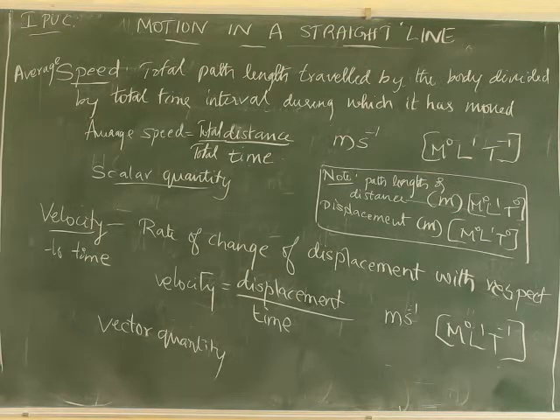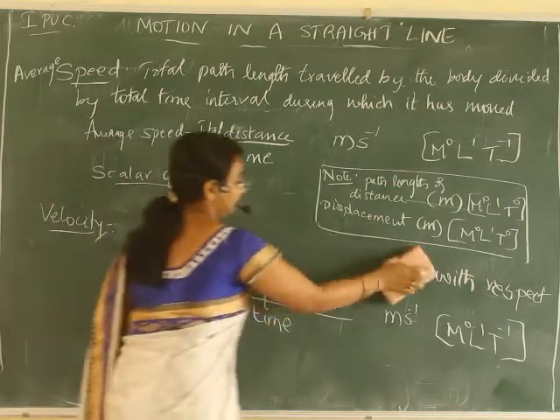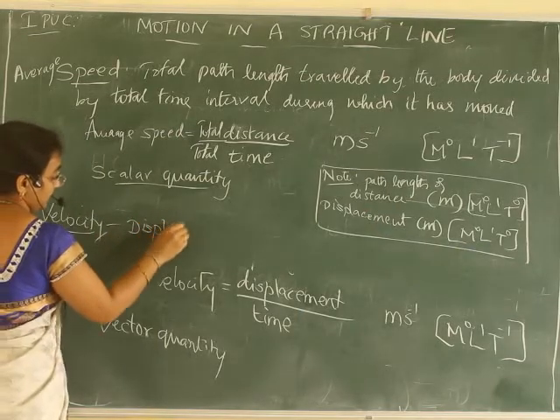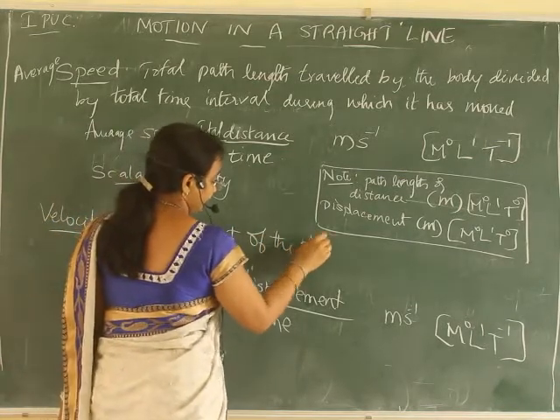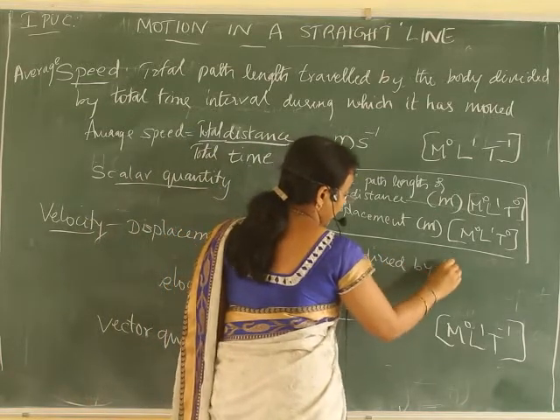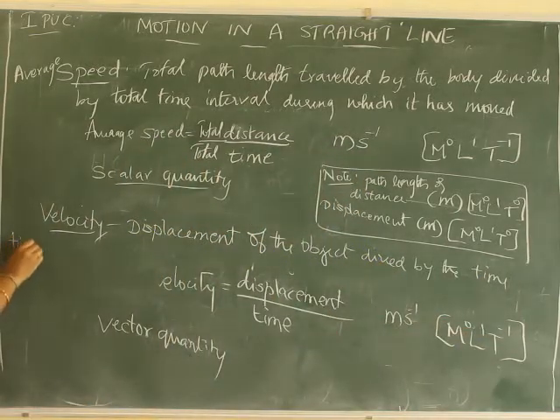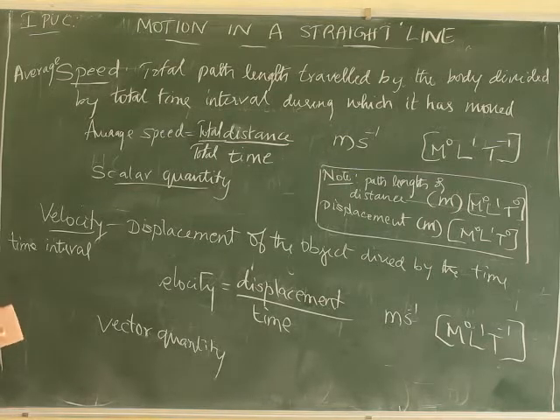So for me, an easy sentence is displacement of the object divided by the time interval during which it has moved.